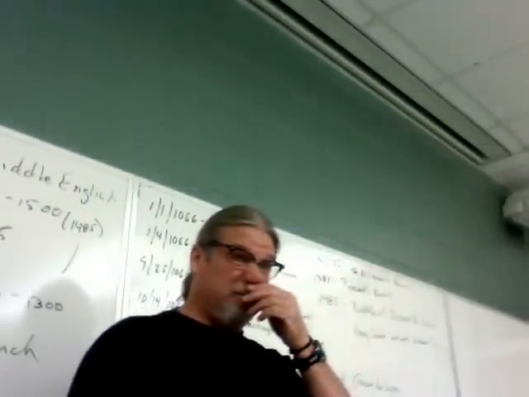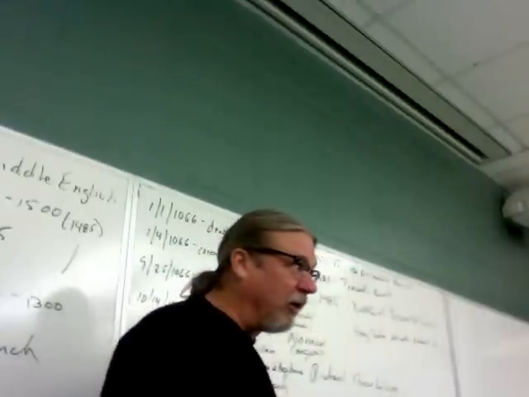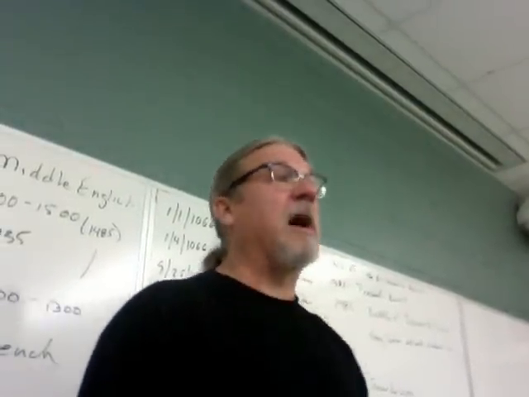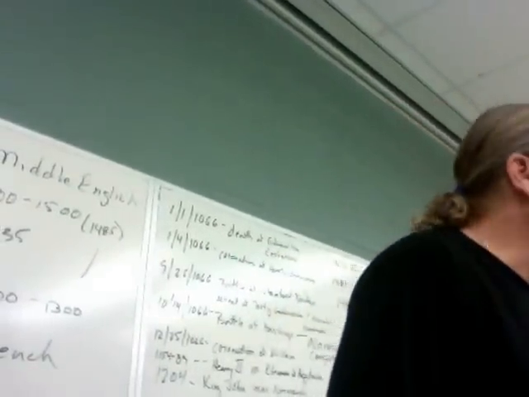From roughly 1100 to 1300, the dominant language in England is French. And what I mean by the dominant language? Everybody in the aristocracy spoke French. Everybody in power spoke French. Okay? The commoners spoke English.